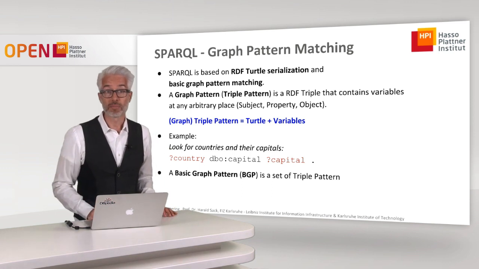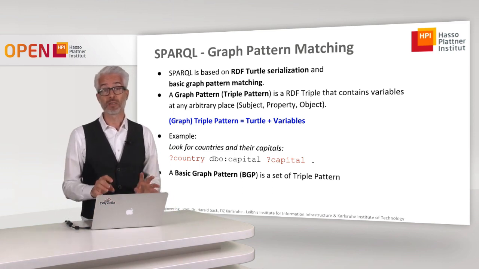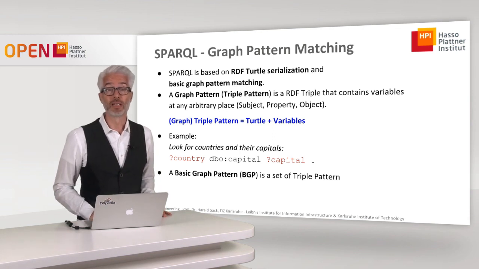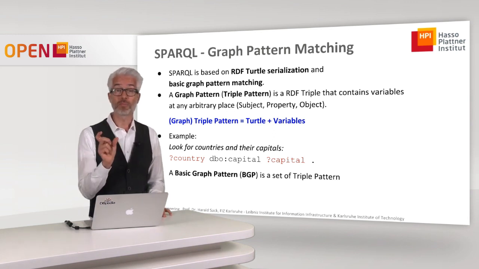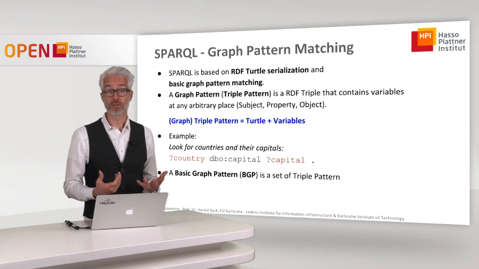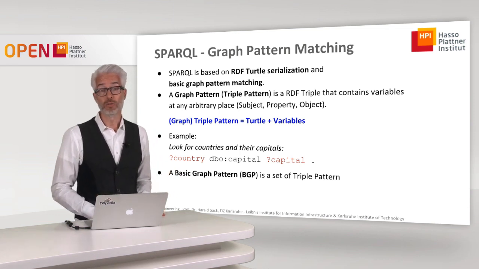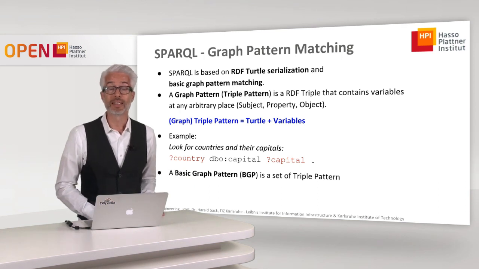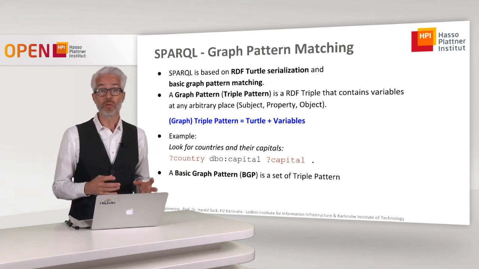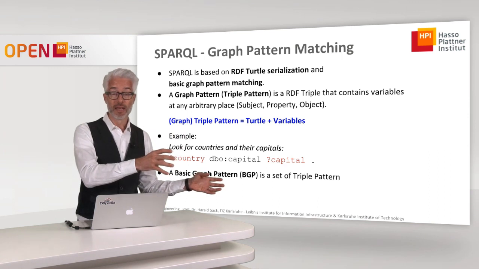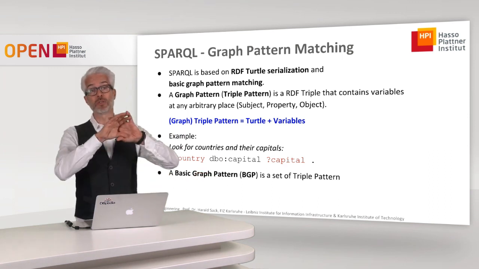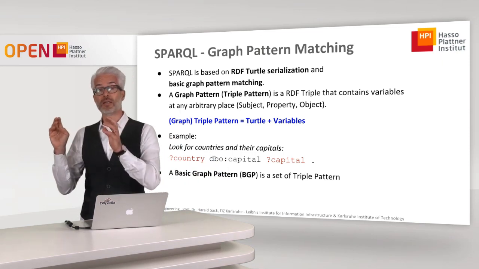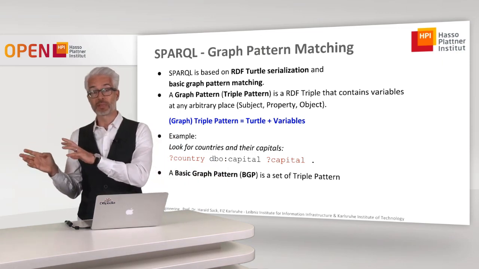Look at the first example we have here. So this is a triple where the first position, the subject, and also the object are variables. And we only specify here the property as a fixed RDF term, and this would be DBO, which stands for DBpedia ontology. We have talked about all these namespaces, capital, which would mean we are looking for countries and their capitals, which means we are looking for triples where the subject is a country and where the object is the capital.